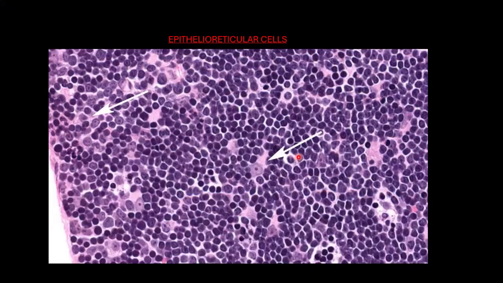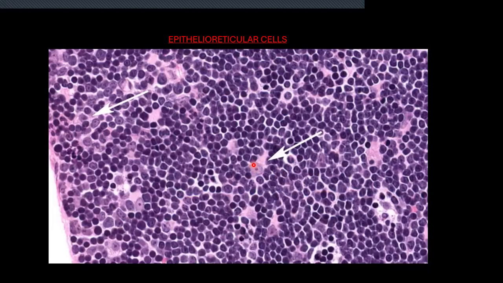One, we have the epithelial reticular cells from type 1 to type 3. So epithelial reticular cell type 1, type 2, type 3 are found within the cortex, okay? And the way you can distinguish them: those with a dark staining nucleus are the T cells or the T lymphocytes, okay?